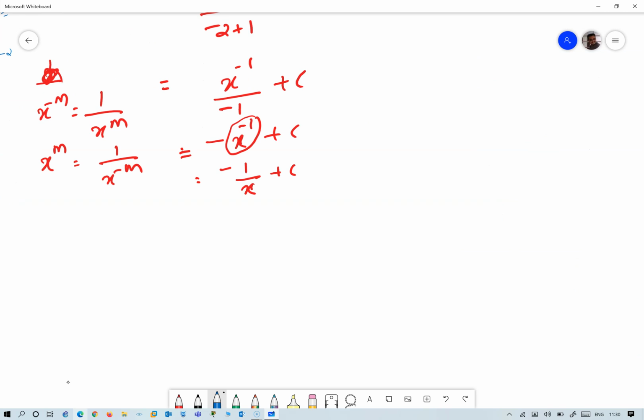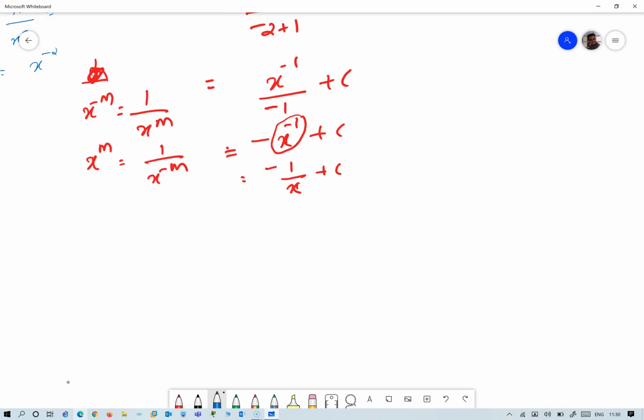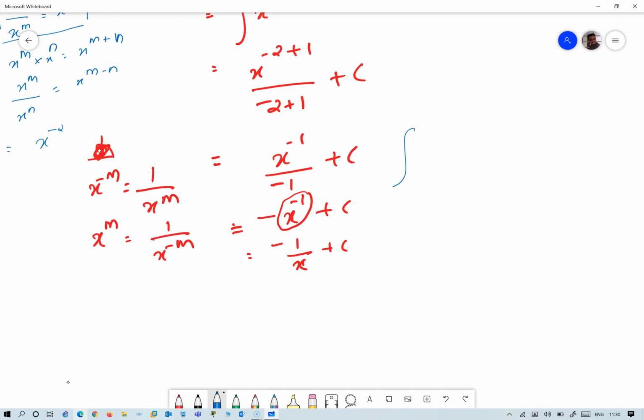So the answer for integral 1 over x square dx is minus 1 over x plus c.